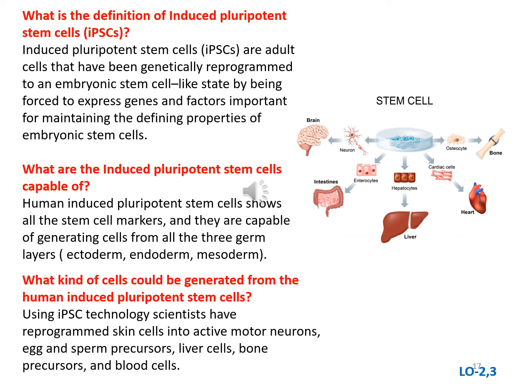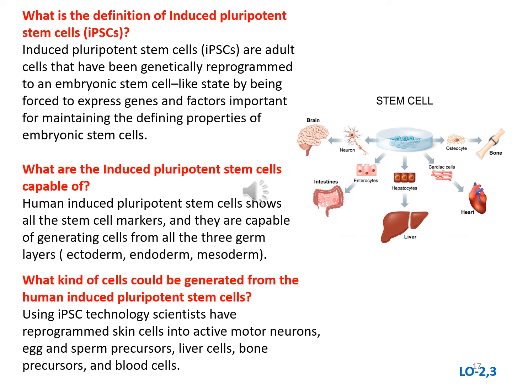So what are the induced pluripotent stem cells capable of? They show all the stem cell markers. They are capable of generating cells from all 3 germ layers: ectoderm, endoderm, and mesoderm. And using this technology, they have reprogrammed skin cells into motor neurons, eggs, sperm precursors, liver cells, bone precursors, and blood cells.